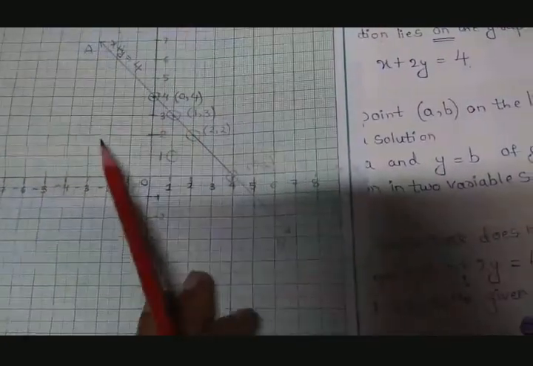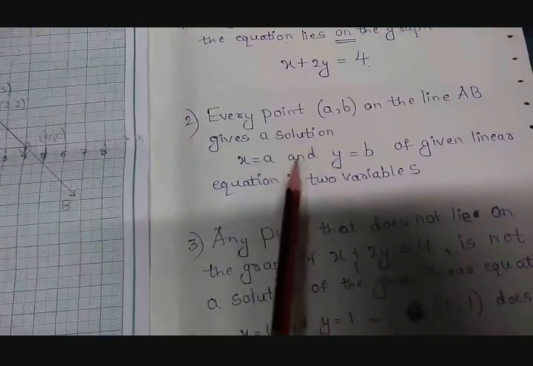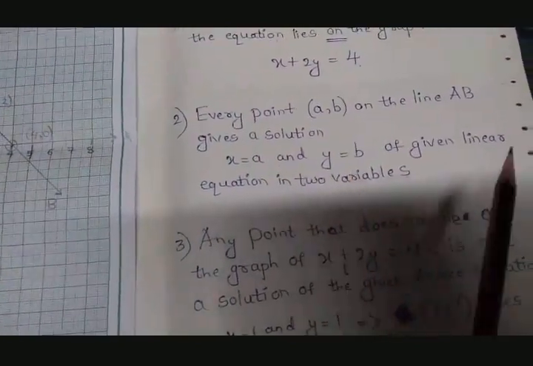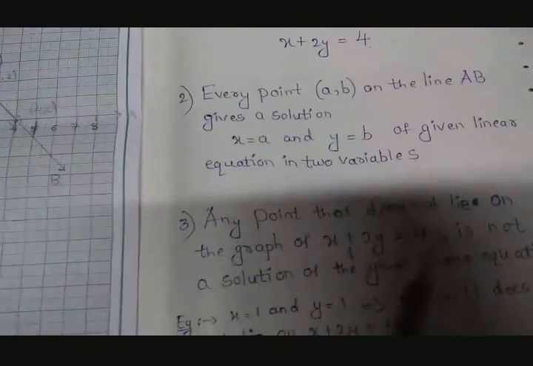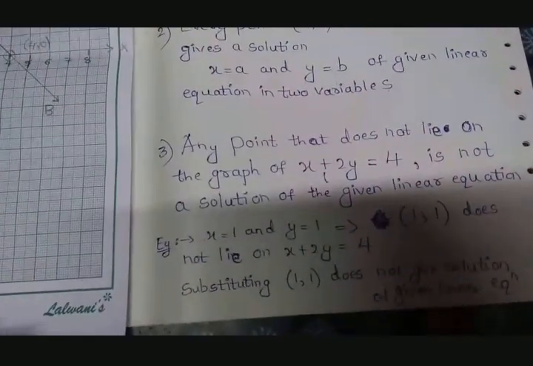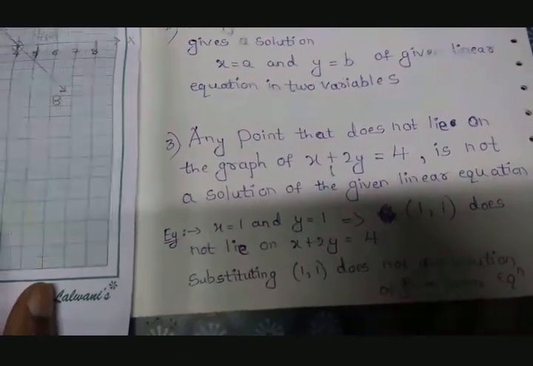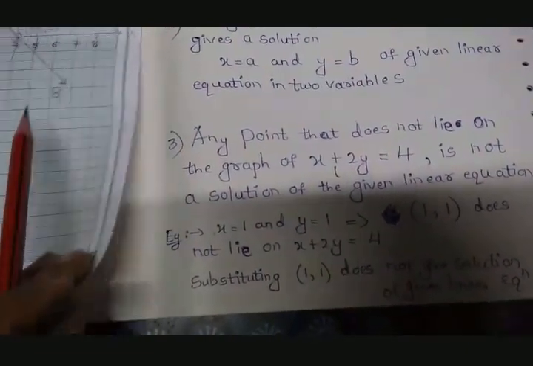So this is what the second point has to say, that is, every point (a, b) on the line AB gives the solution x equals a and y equals b of a given linear equation in 2 variables. And the last point is, any point that does not lie on the graph of x plus 2y equals 4 is not a solution of the given linear equation.